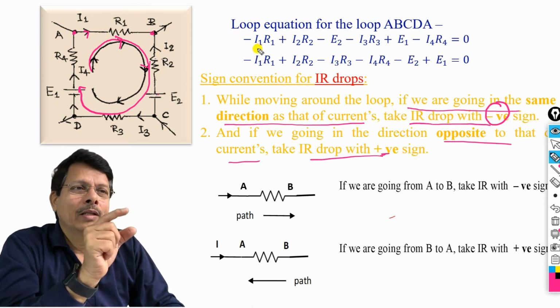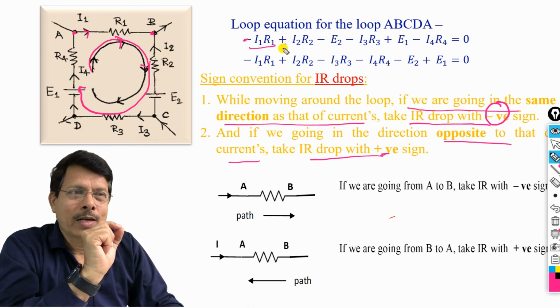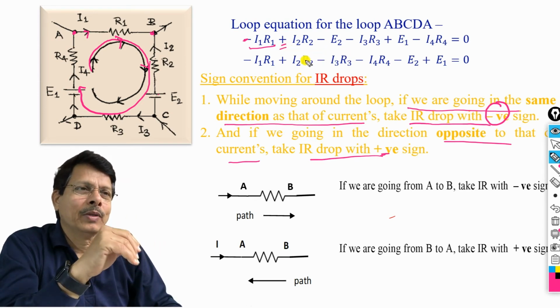See here in the loop expression, I have taken I1 R1 with minus sign, and I2 R2 with plus sign. The same is the case for all the components.